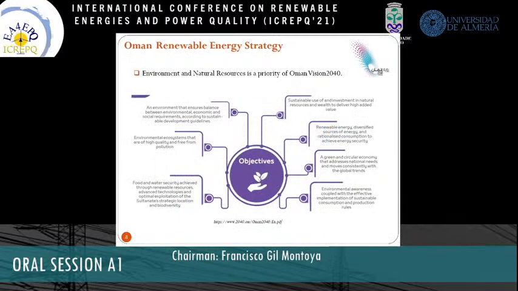Since then, Oman has continuously worked towards developing its infrastructure in the energy sector to enable a more sustainable future. Furthermore, the country, under the guidance of His Majesty Sultan Haitham bin Tariq, is focusing on developing a creative and diversified economy based on the objectives established from Oman Vision 2040 under the environment and natural resources priority.